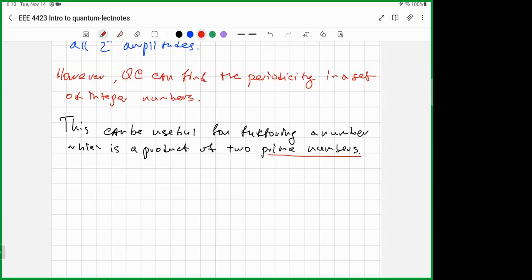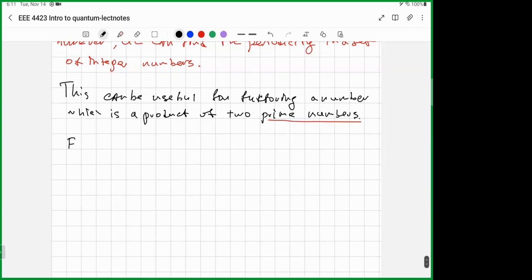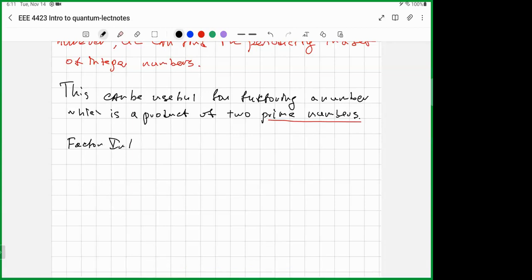And one can use, for example, Wolfram Mathematica to factorize numbers, including some large numbers. For example, if I use this Mathematica command FactorInteger, for example of 10, it will give me 2 to the power of 1 times 5 to the power of 1.